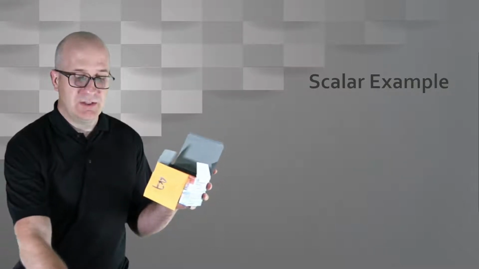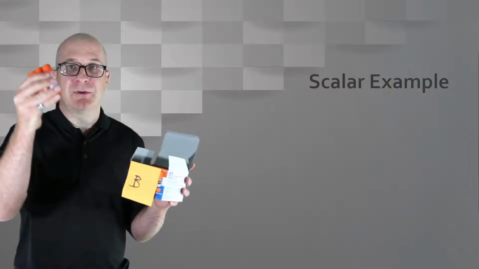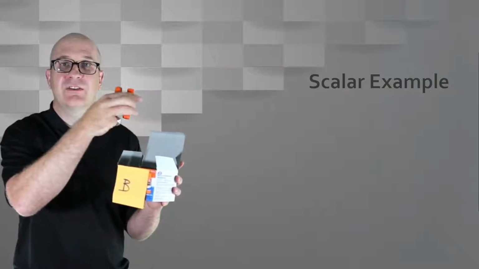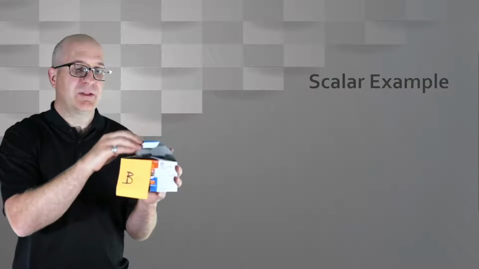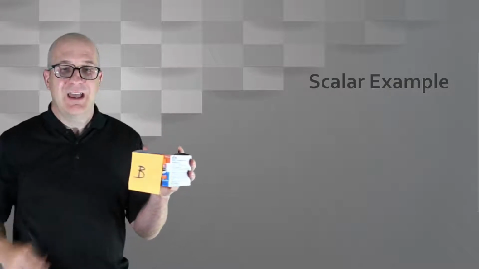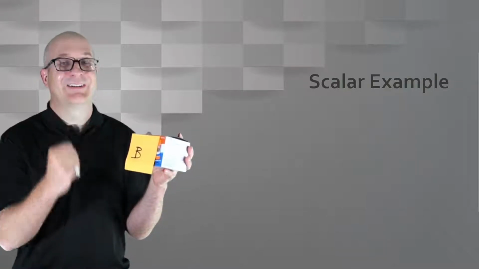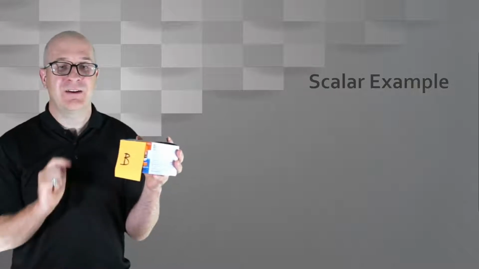And what I can use this variable b for is to store Elmer's glue, right? So I can take 1 glue stick, 2 glue sticks, 3 glue sticks, and 4 glue sticks. And I can close up this box b. And that box b now contains the number 4 glue sticks, right? So there's 4. That's the number inside of b.